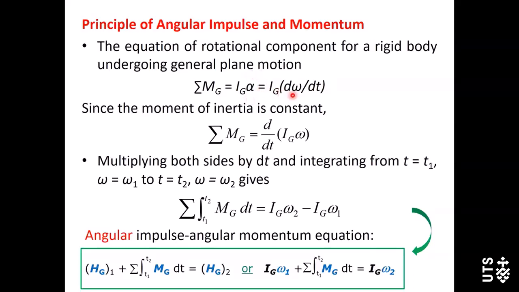Alpha is equal to d omega dt, so we can rearrange this equation by moving dt to the left side. Then integrate on both sides. On the left side, we have an integral of Mg with respect to time t. On the right side, we have Ig omega 2 minus Ig omega 1.